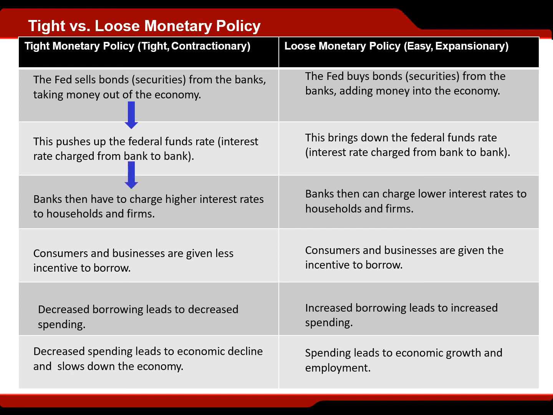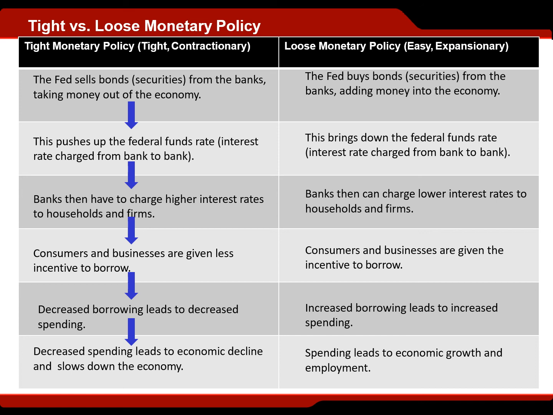If the interest rate that banks charge each other goes higher, that means the interest rate that all of us, households and firms, are going to have to pay goes much higher too. When interest rates are higher, consumers and businesses have less incentive to borrow. And if they're not borrowing as much, they're not spending as much. Less spending causes a slowdown in the economy, and hopefully that'll slow down the growth in inflation.